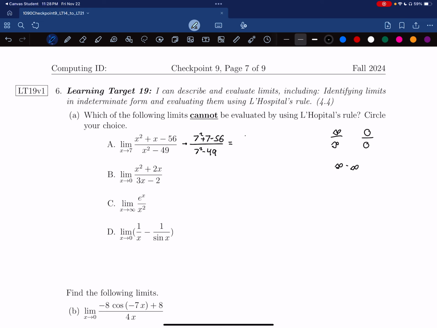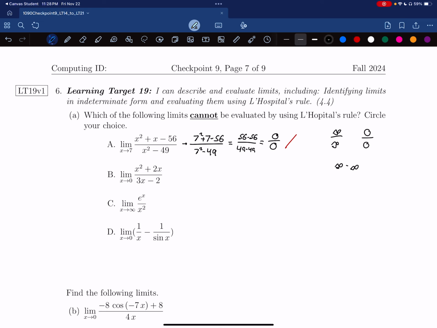This is equal to 56 minus 56 over 49 minus 49, which is 0 over 0. This is indeterminate, and we go about this by using L'Hopital's rule. So this is not our answer.